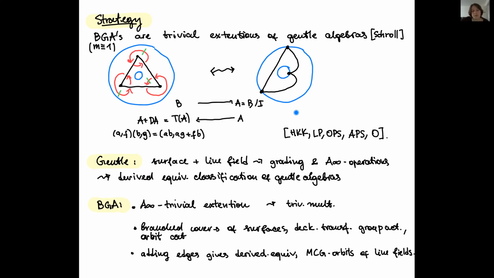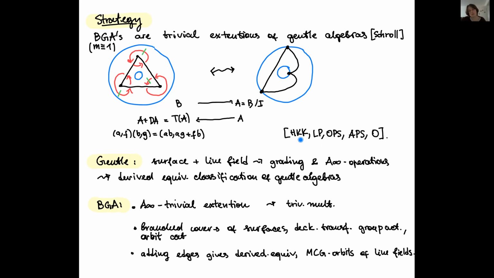We have this surface, and the surface can be equipped with a line field, and this produces a grading on the curves, which correspond now to the edges of our graph, and this also produces infinity operations. And in this bigger class of algebras, one can produce derived equivalences by simply adding additional edges. This is quite a simple geometrical procedure.